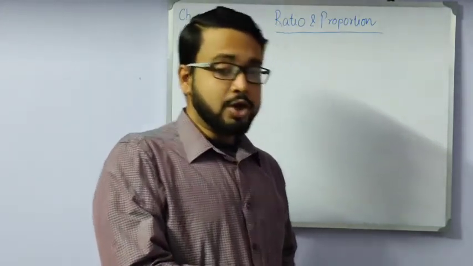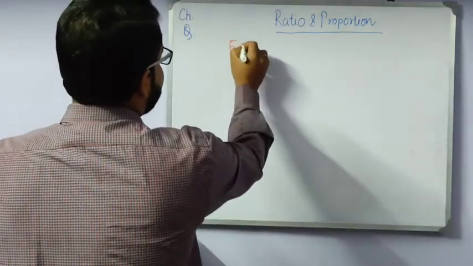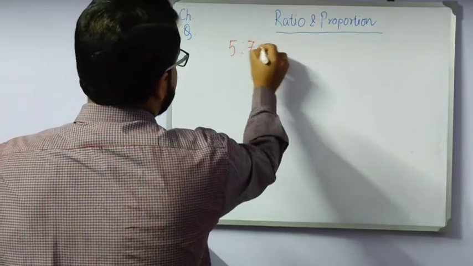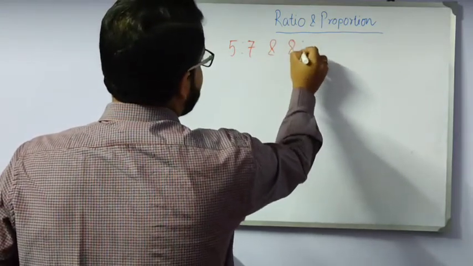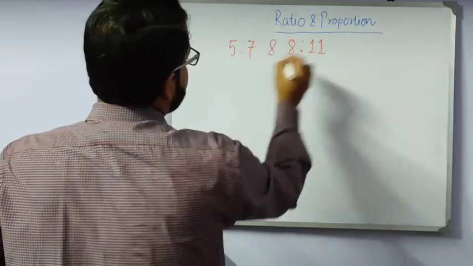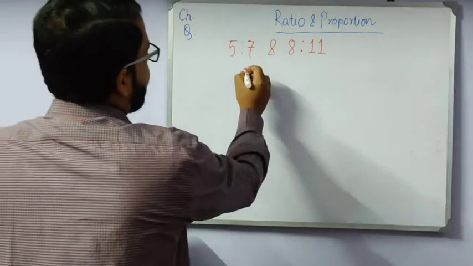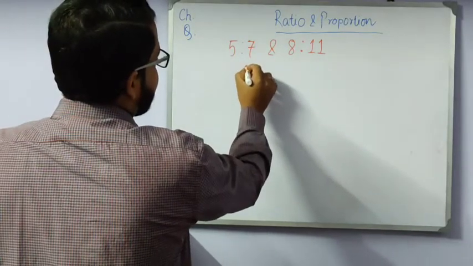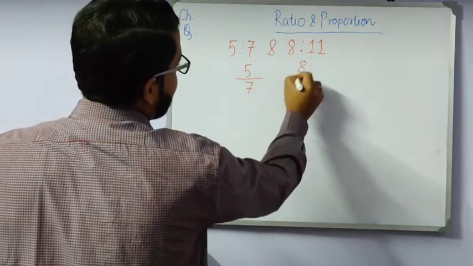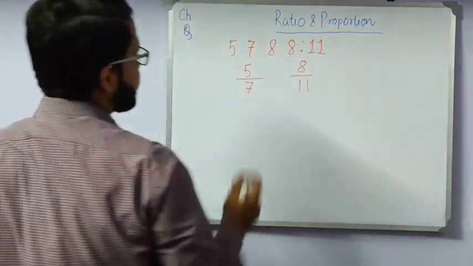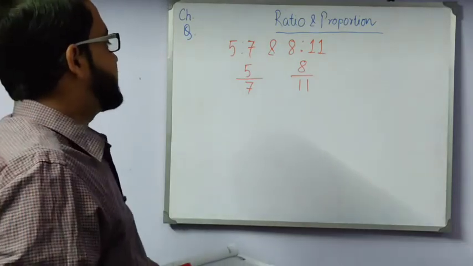You have been given two ratios, that is 5:7 and 8:11. Out of these two ratios, which one is greater? We can write this ratio in fractional form like this and this one like this. So how can we equalize them?